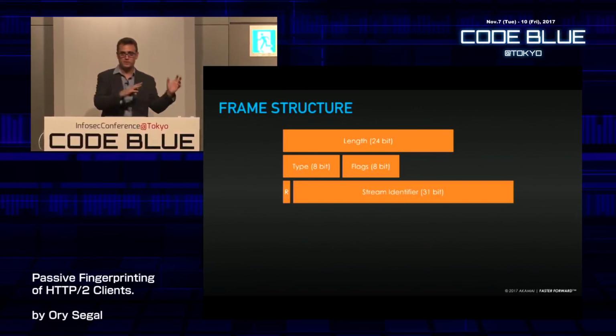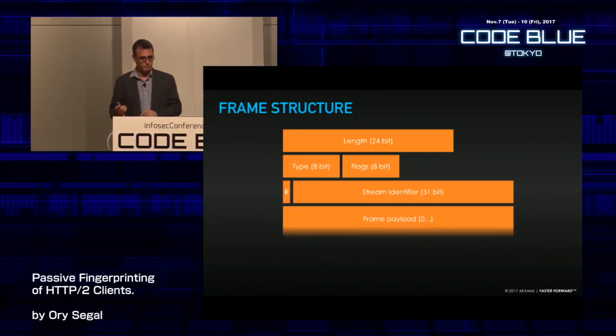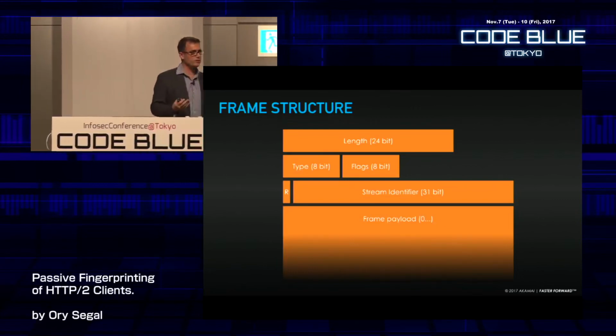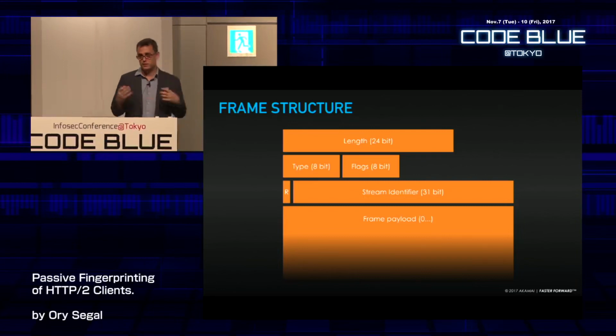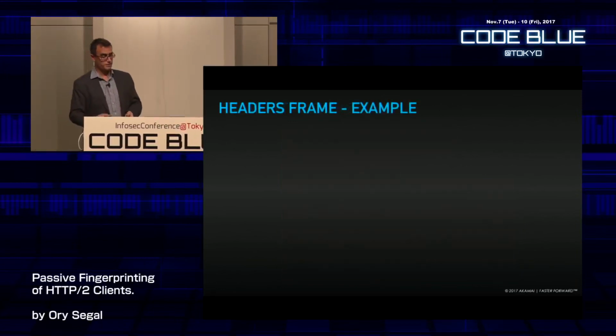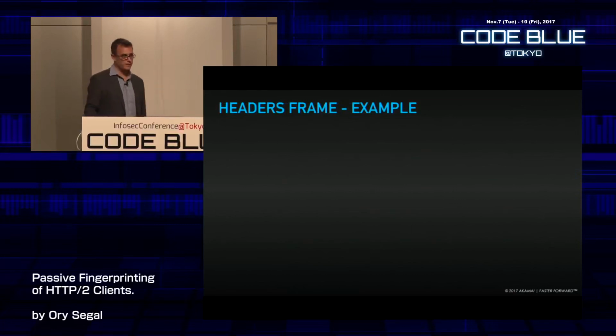You remember, this whole thing is virtual on top of TCP. And then the payload. The payload can be 0, so no payload, like in a headers frame, or it could be a body of a POST or whatever you want to send, or a response for that matter.